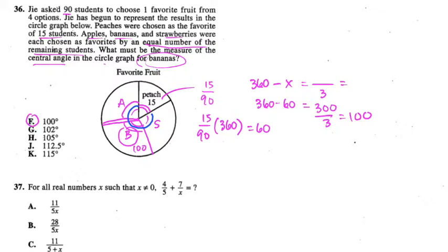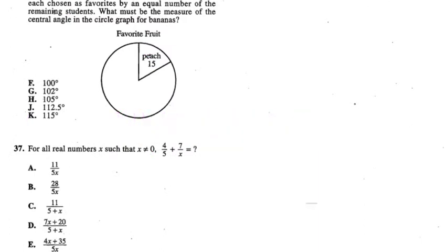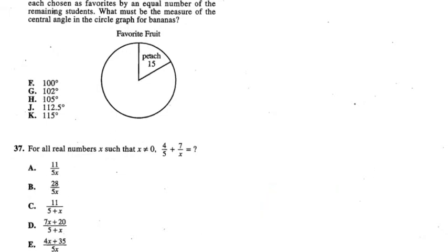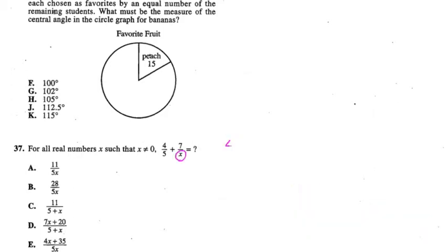F is the answer. Number 37 is an algebra question. Here we are adding fractions. For all real numbers x such that x does not equal 0, 4/5 plus 7 over x equals. What I would do here is use an easy number, because we're working with variables.